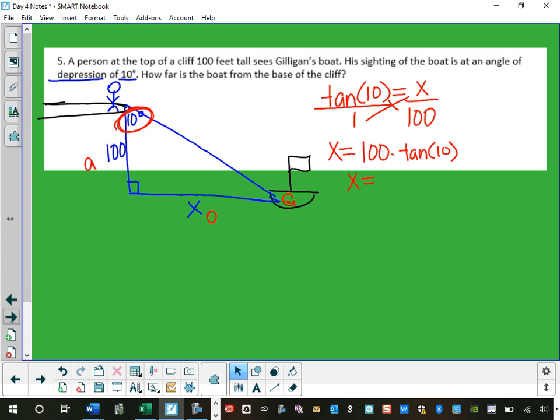What is 100 times tan of 10? 17. 17.6 feet. Okay. So is it 6 or 7? 6. Okay.